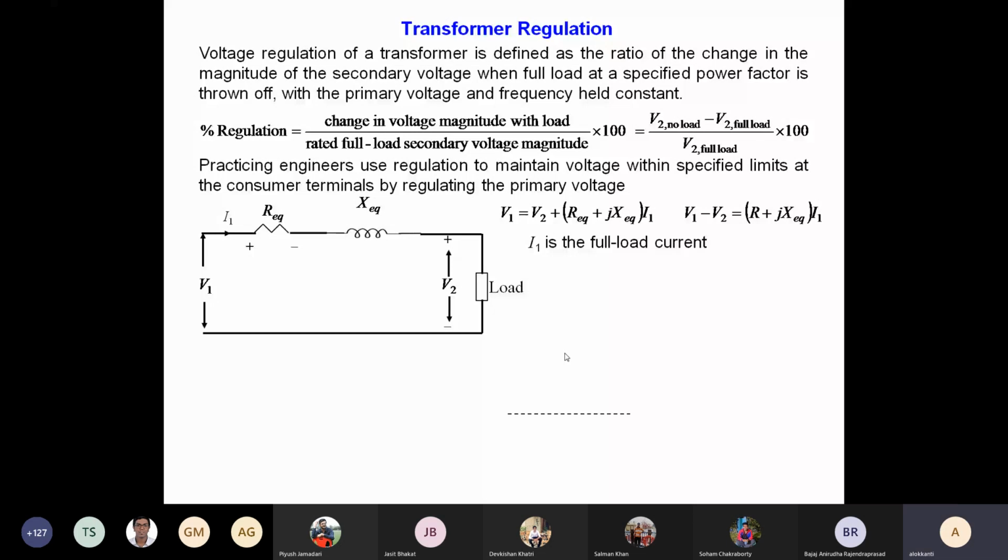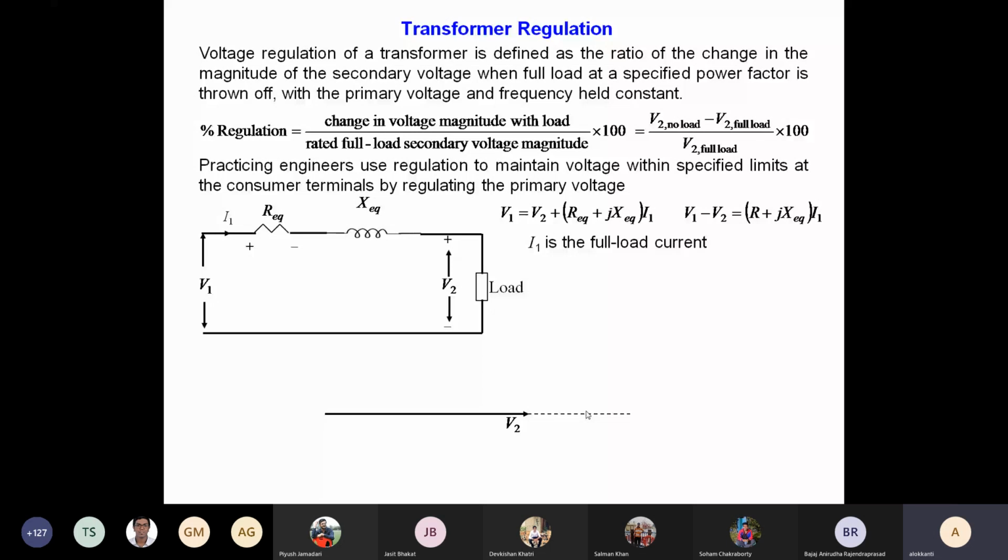This voltage equation can be related to the phasor diagrams, to the phasors. So V2 is the terminal voltage across the load, which we have taken along the reference. And suppose the load is, most of the loads in the power system are basically lagging loads.